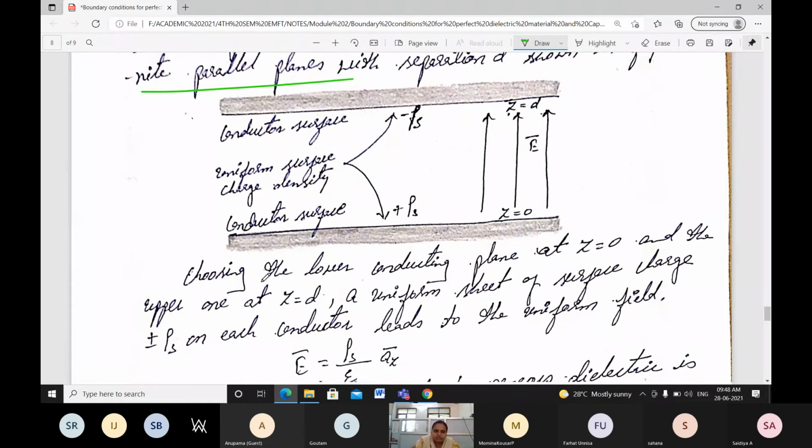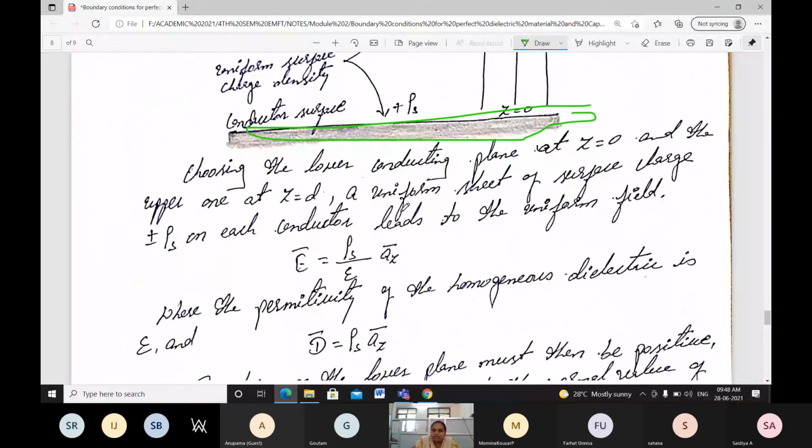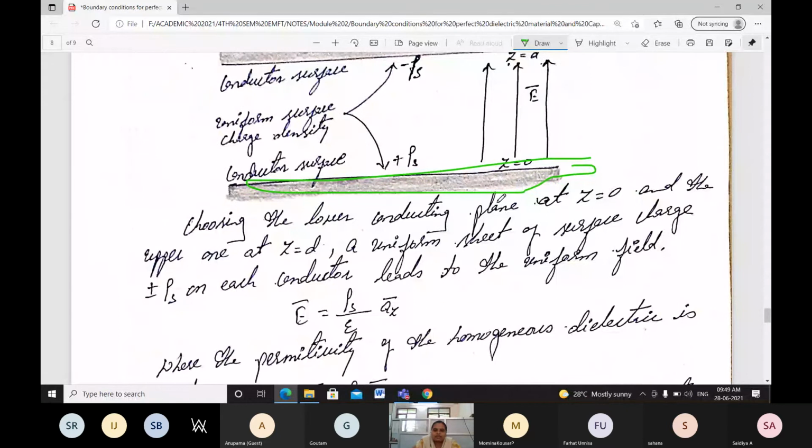Next, we choose the lower conducting plane at z equals 0 and the upper at z equals d. Then a uniform sheet of surface charge, plus and minus rho s, on each conductor leads to a uniform field.